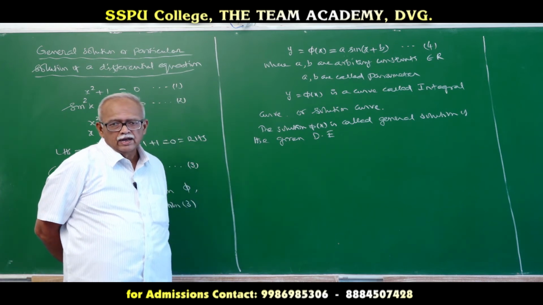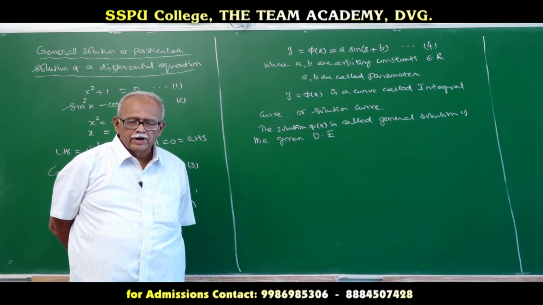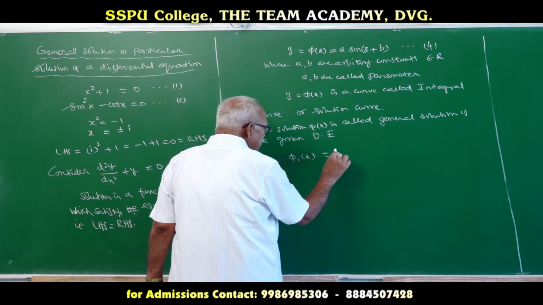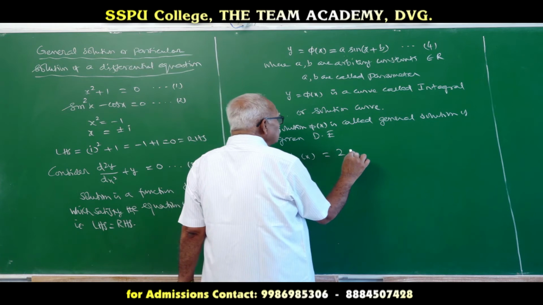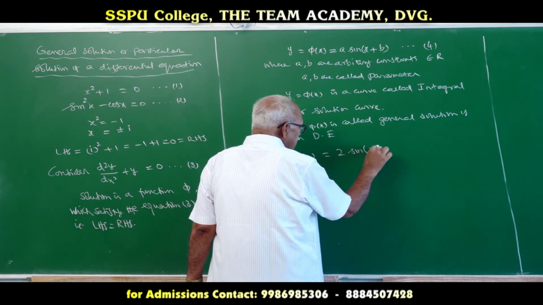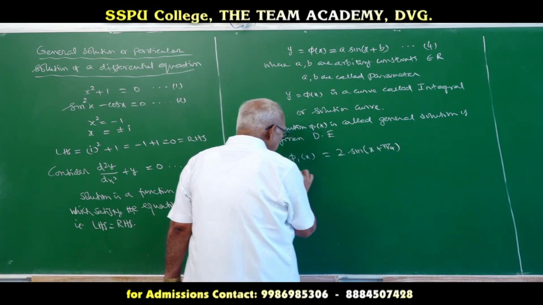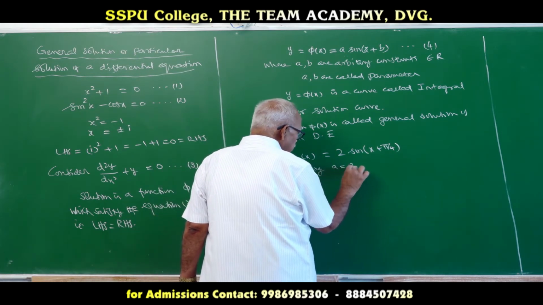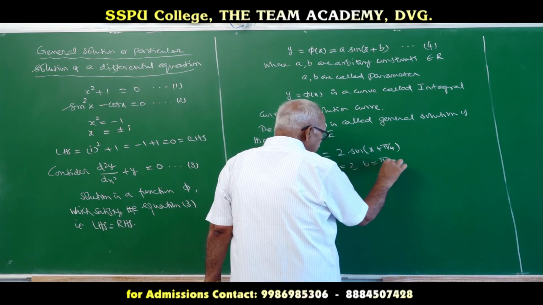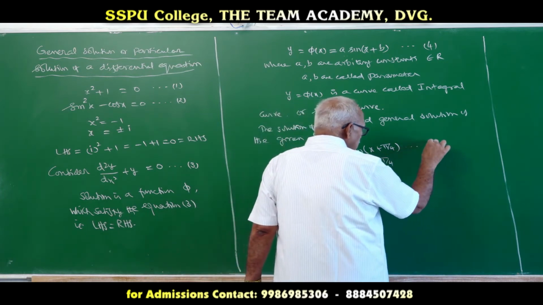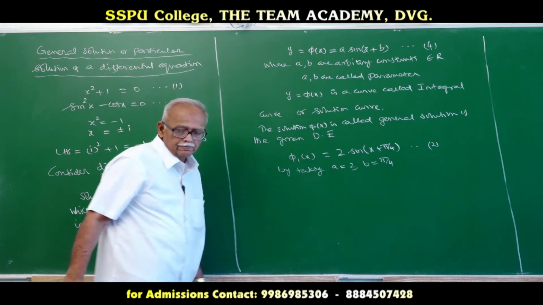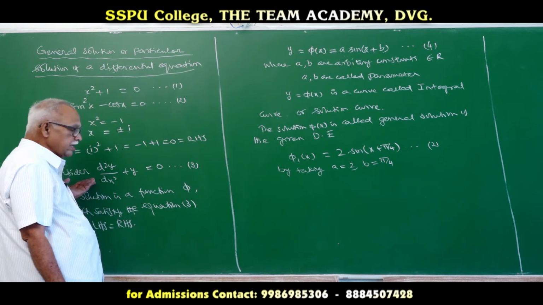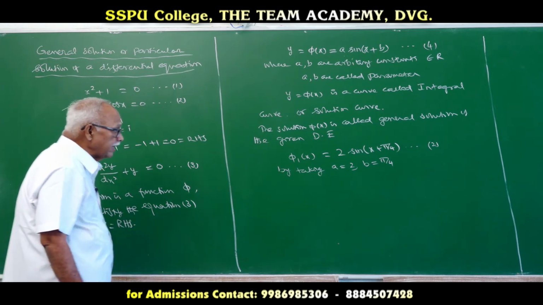Now let me take, instead of that, phi 1 of x, which is equal to 2 sine x plus pi by 4, by taking a equal to 2, b equal to pi by 4. When we substitute phi 1 of x in equation 3, the equation is satisfied.